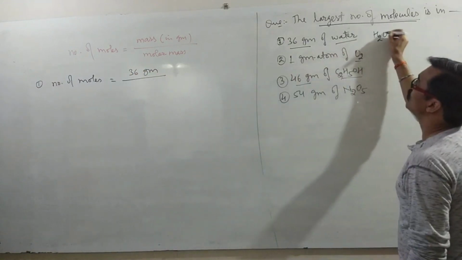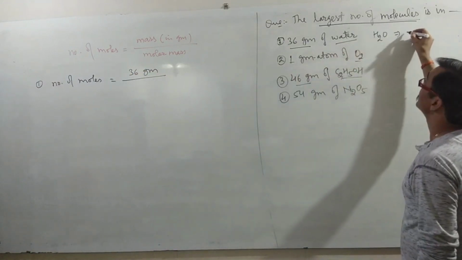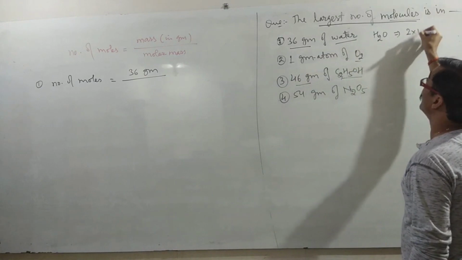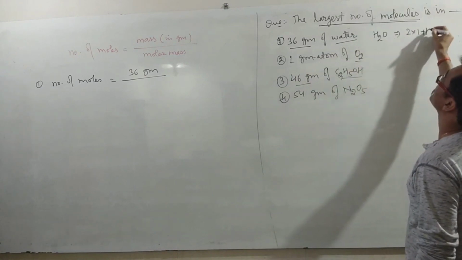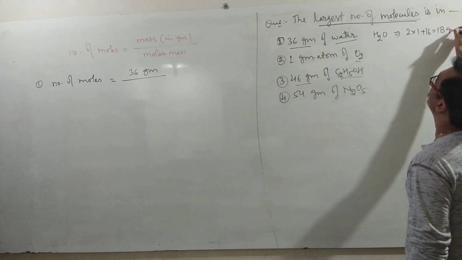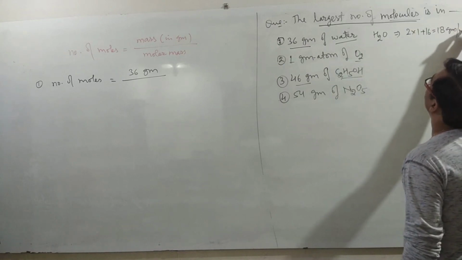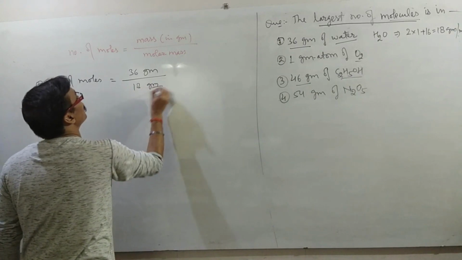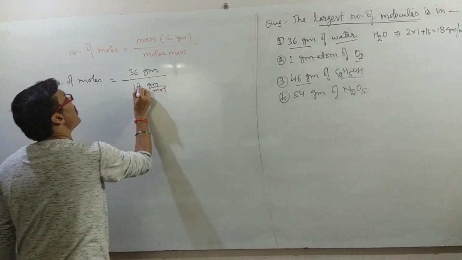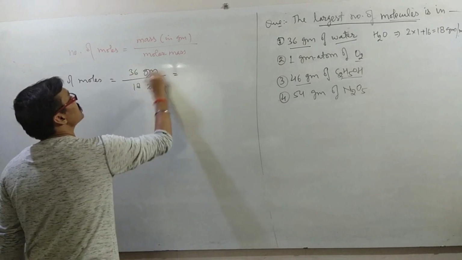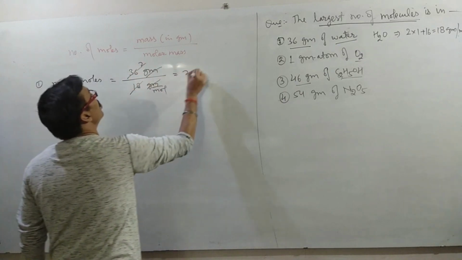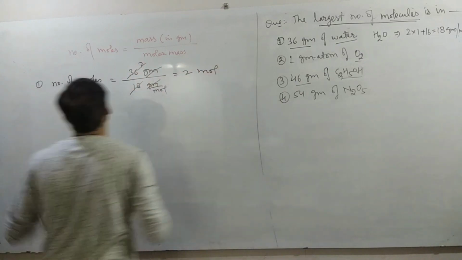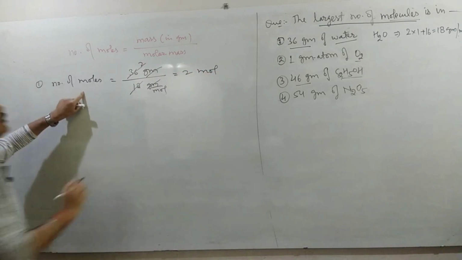Water is H2O, so molar mass is 2 into 1 for hydrogen plus 16 for oxygen, which is 18 gram per mole. So 36 divided by 18 gram per mole molar mass is equal to 2 mole molecules of water.